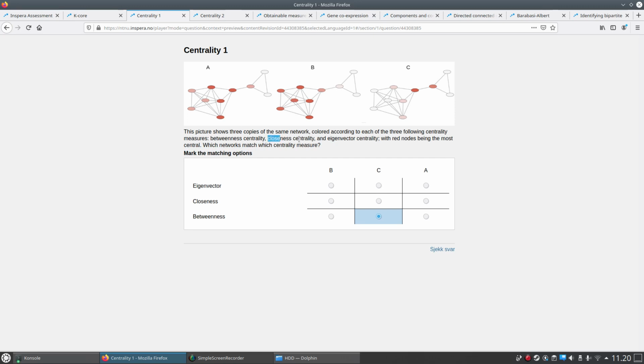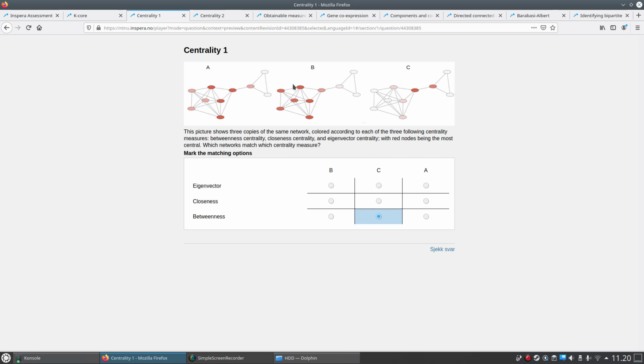Well, if we compare it to closeness centrality, for instance, these two nodes on the left here, they are quite distant from the rest of the network, which will reduce their closeness centrality, but they're part of this interconnected group, which gives them high eigenvector centrality.